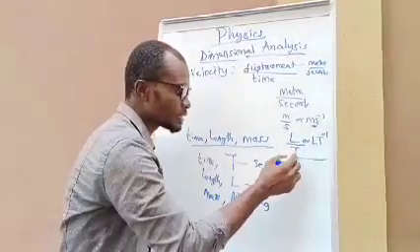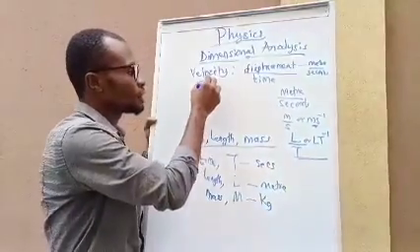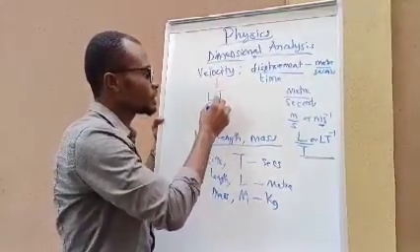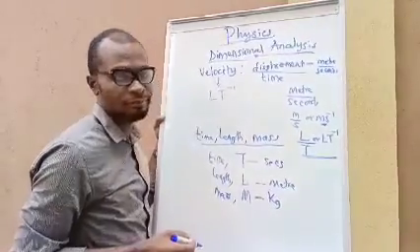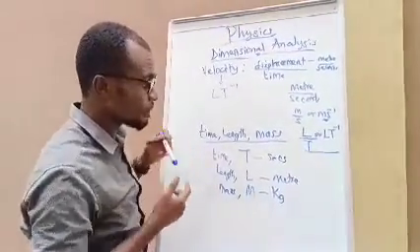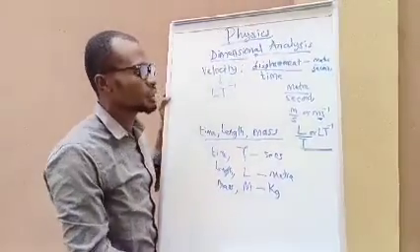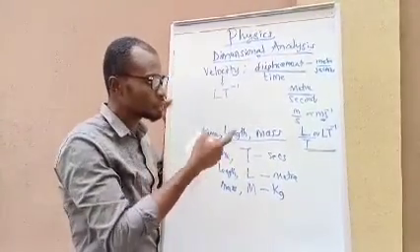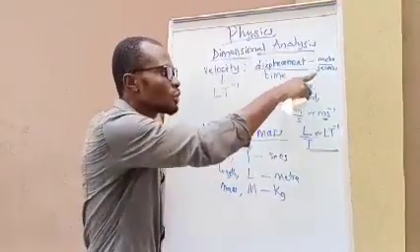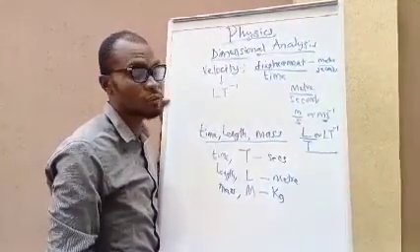So this is the dimension of velocity, LT^-1. That's very, very interesting. So you can see that it's very simple to dimension once you know your unit of measurement.